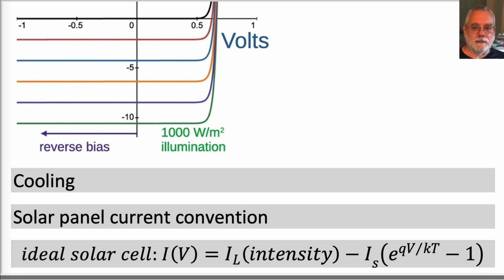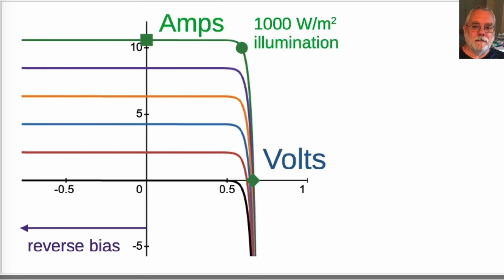This is just the convention. It doesn't change the physics or electrical behavior, but now the quadrants have changed. With this convention and this graph, the solar cell sources power in the upper right quadrant, is never operated in the lower right quadrant, and will dissipate power, even considerable power, if the connected load and partial shading force the solar cell to operate in the upper left quadrant.